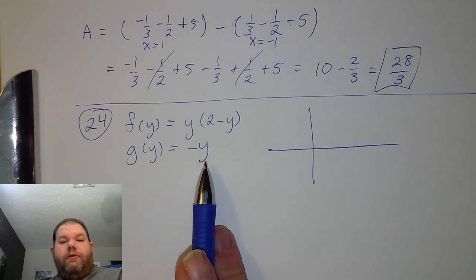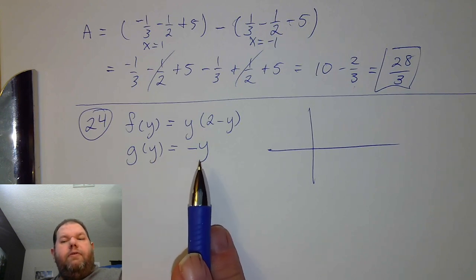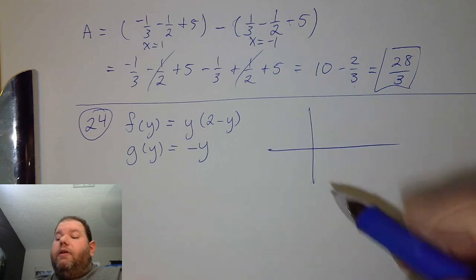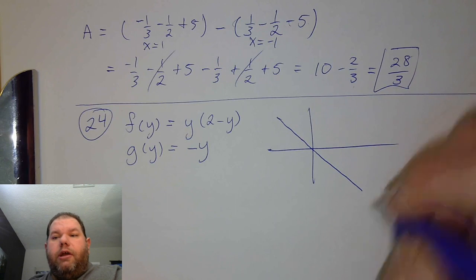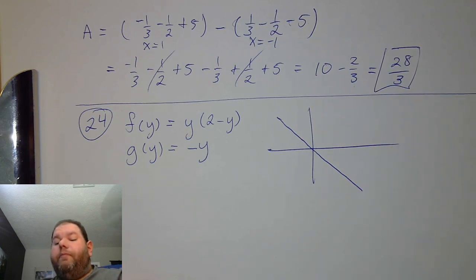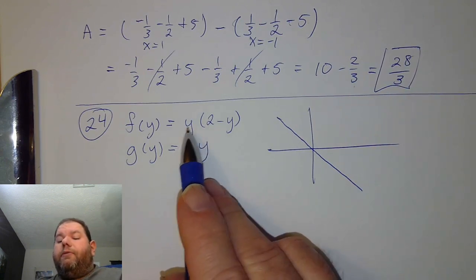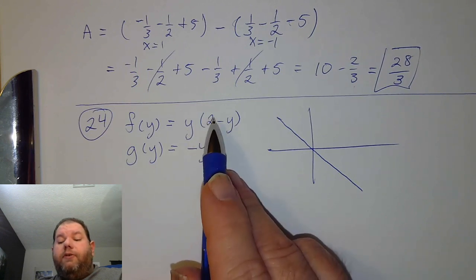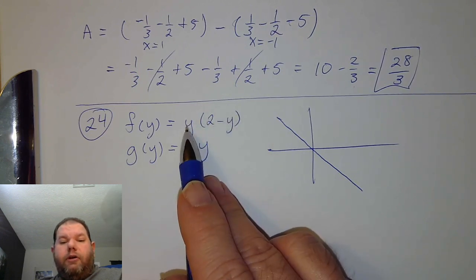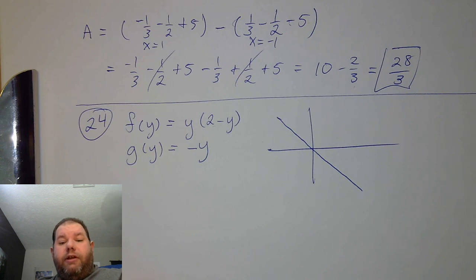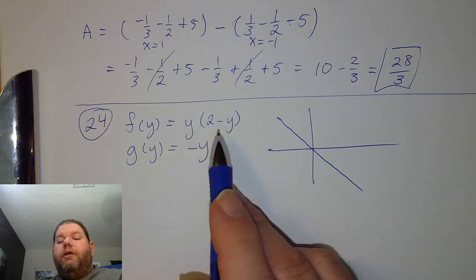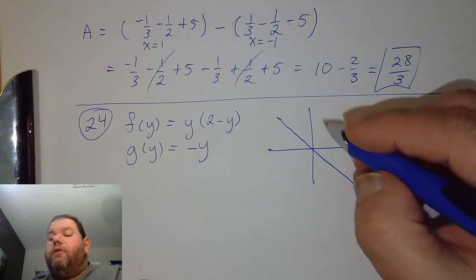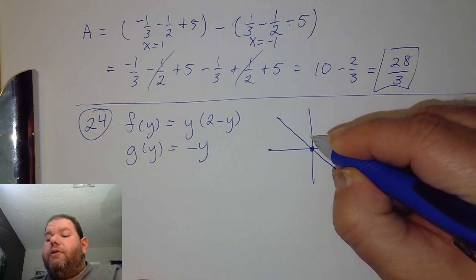If we have x equals negative y, then that's basically identical to y equals negative x, which is just our negative diagonal line right there. Now, this one, if we were to multiply it out, it would be 2y minus y squared. So it is a quadratic, but by giving us the factored form, we could say one intercept is y equals 0, the other intercept is y equals 2, so we can fill that in.